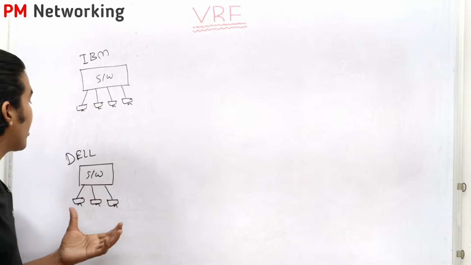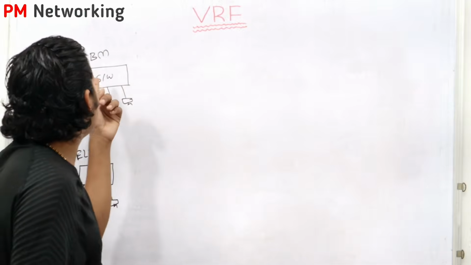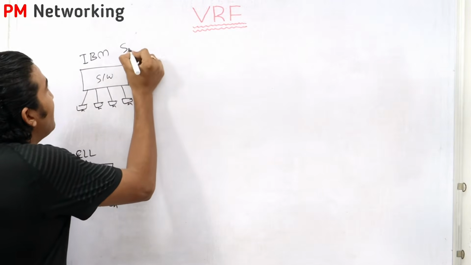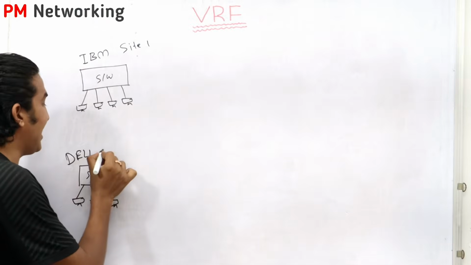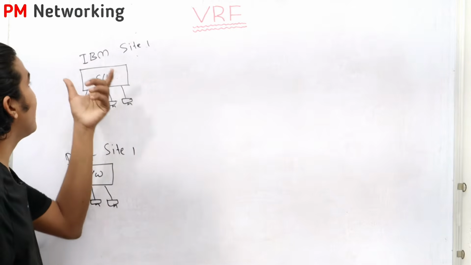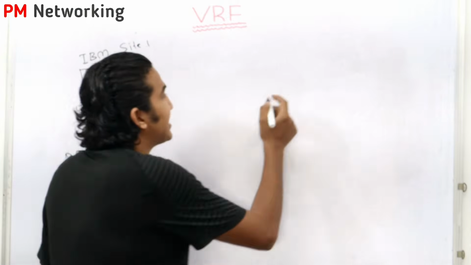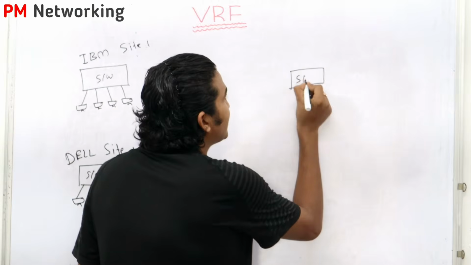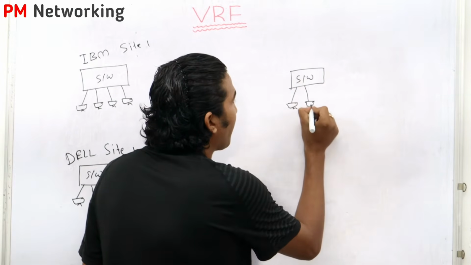Okay, both organizations have their branch offices in different locations. Let's say this is side 1 of IBM. This is Dell side 1, and IBM side 2 is located in a different location. Let's say here is again a switch, and here are some users.